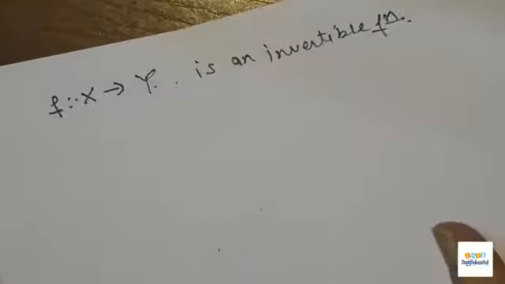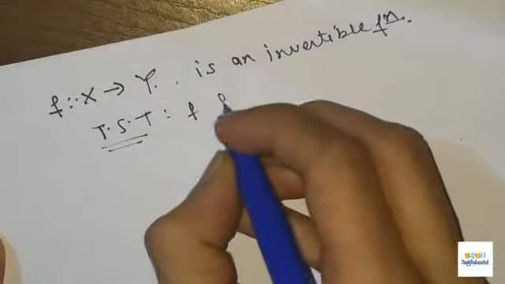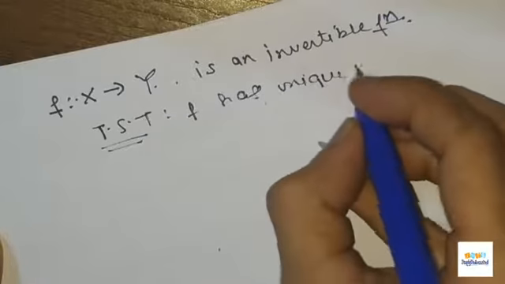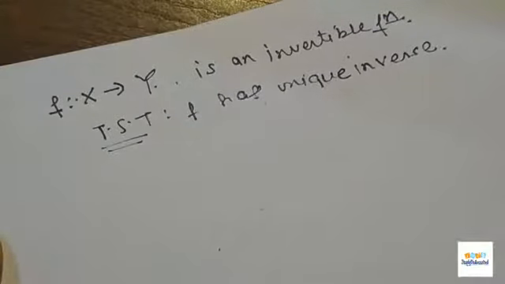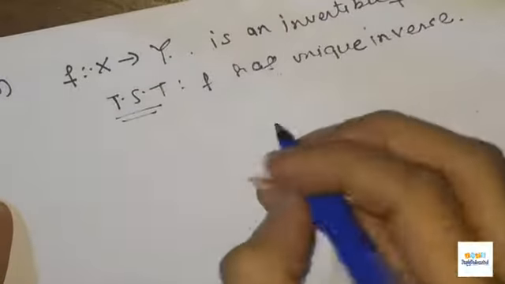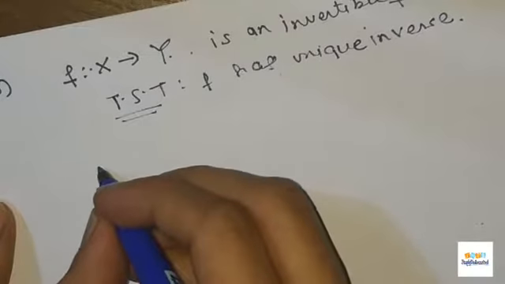Now show that f has a unique inverse. So this we have to show, that f has a unique inverse. Now what do you mean by a unique inverse? First of all let us write the definition of an invertible function.